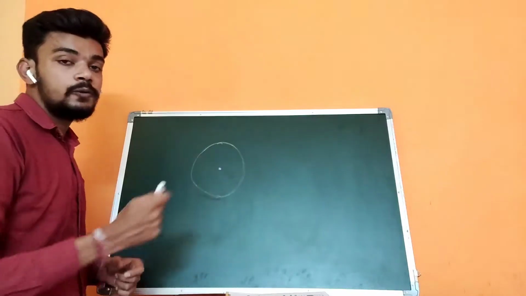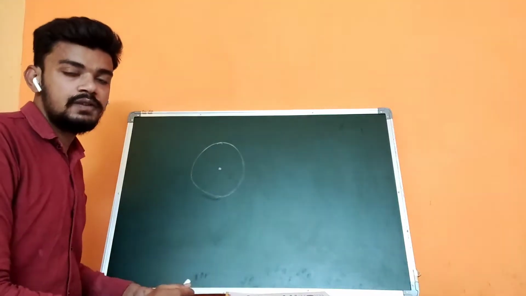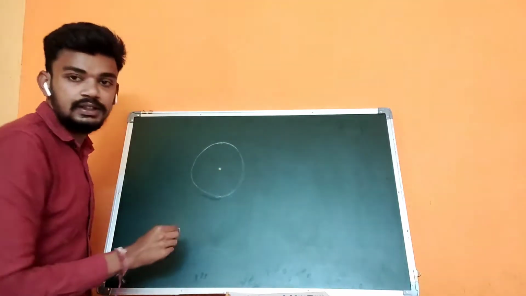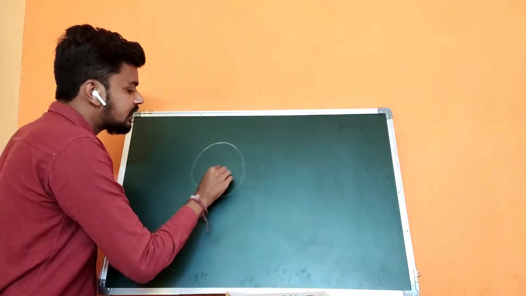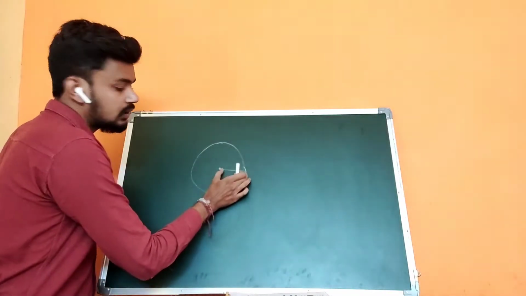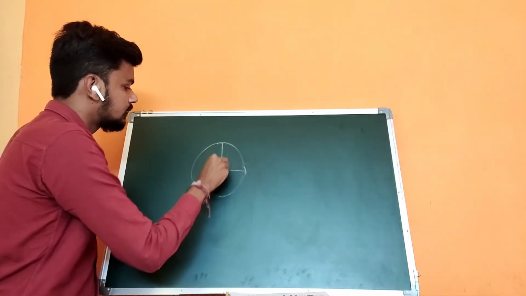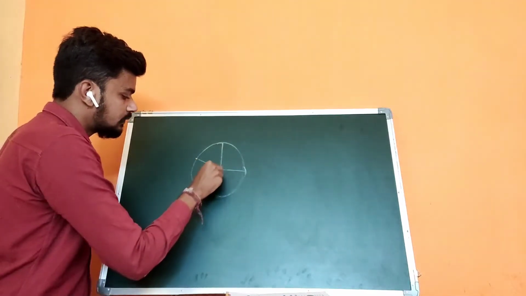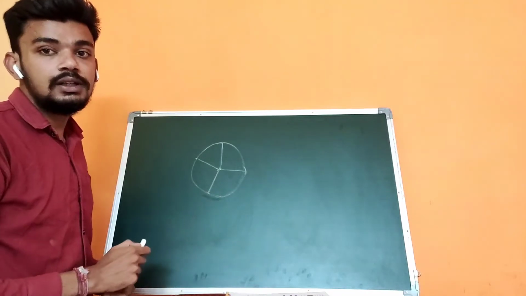But as a definition of the circle, we know that from the center all the points are at equidistance. Then this distance, and this, say for example, all are equal only.